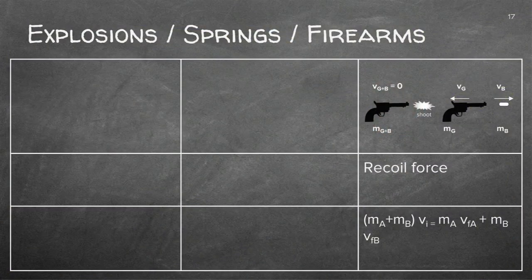For instance, a firearm. You've got a bullet inside the firearm. So initially you'll see VG plus B. That means V gun plus V bullet. Now, if I'm having the gun in my hand and the bullet, they aren't moving, so it's stationary. Then there's a shot, which is an explosion.